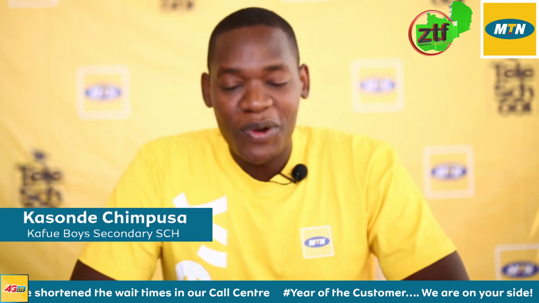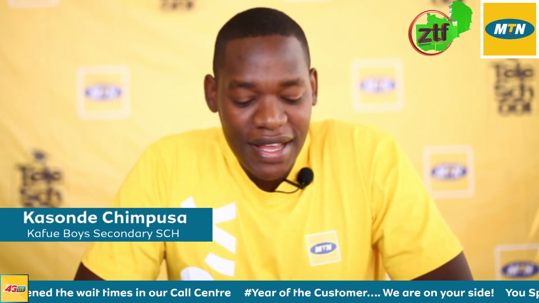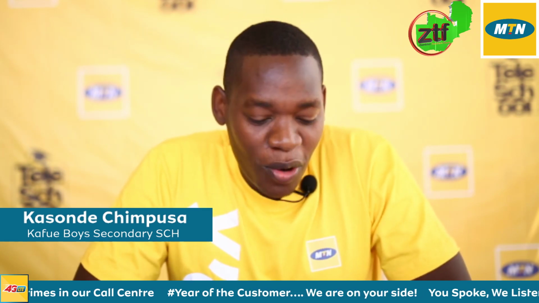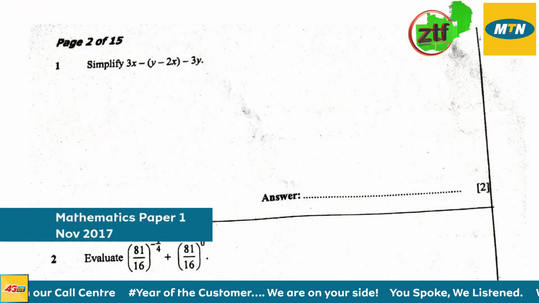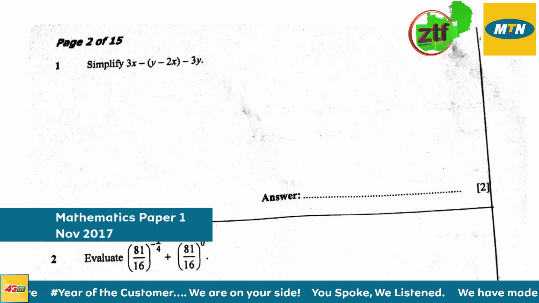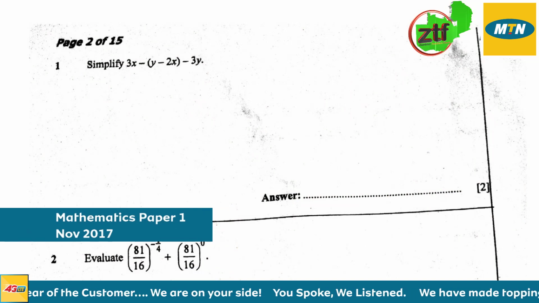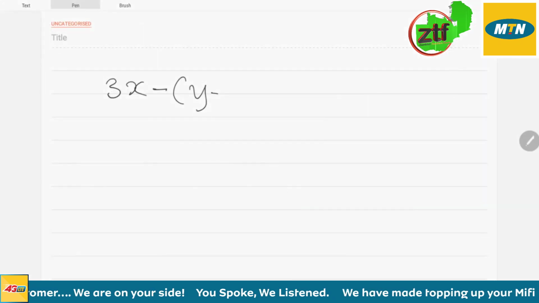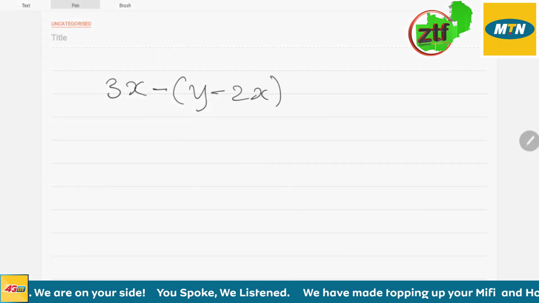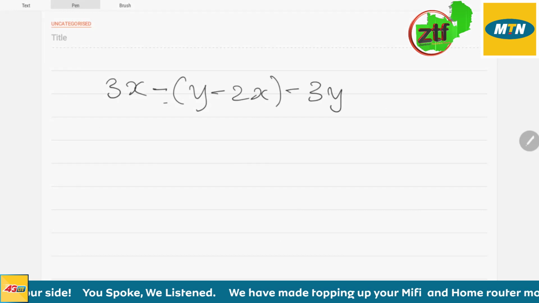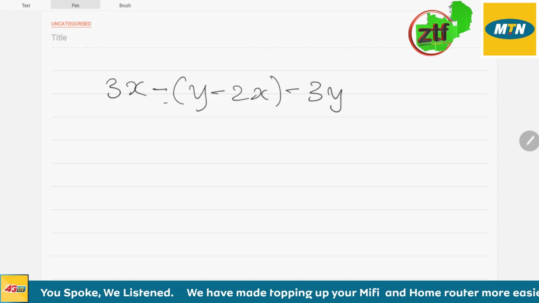All right, so question number 1 is: simplify 3x minus, open bracket, y minus 2x, close bracket, minus 3y. So this question comes from the topic called Basic Processes of Algebra.